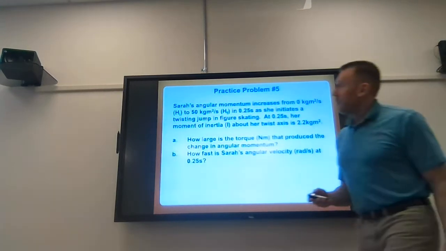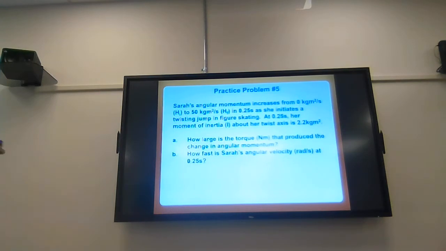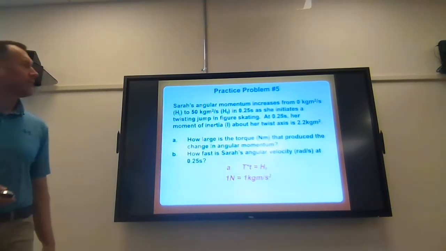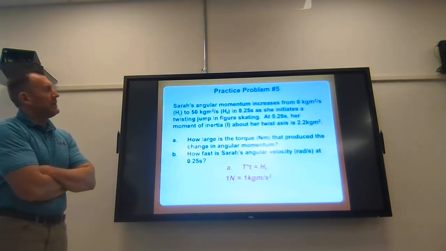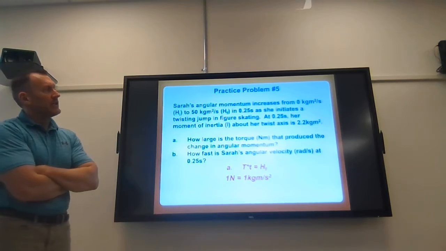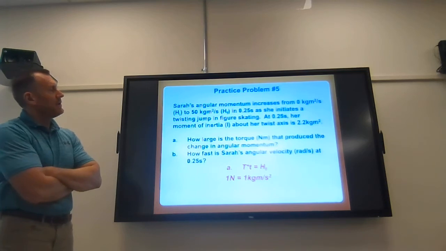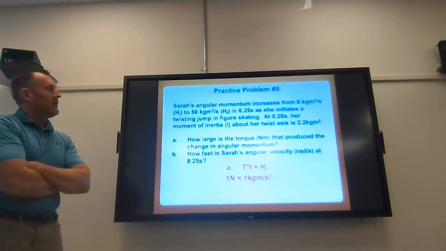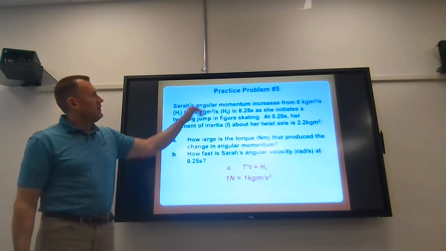Okay, so let's go ahead and do a practice problem like we usually do. This is one for figure skating. Sarah's angular momentum increases from 0 kilogram meters squared over seconds to 50 kilogram meters squared over seconds. So this would be the final angular momentum here.